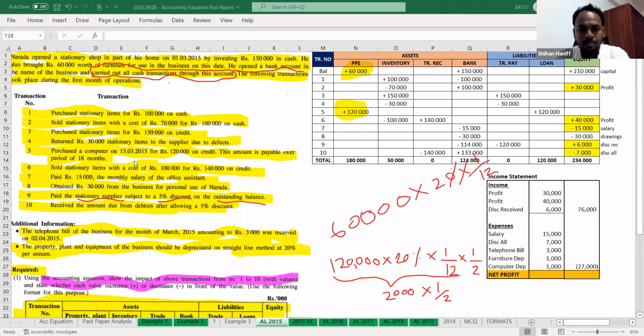So 15th March to 31st March, there are 15 days, half a month. Okay. So the net profit is 49,000. Net profit is 49,000.